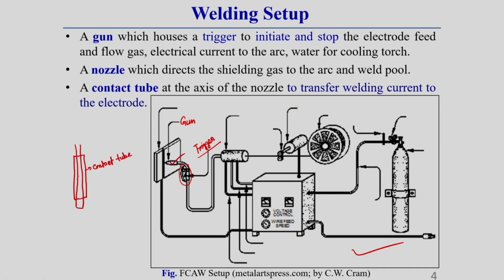This contact tube is directly connected to the power source cable, and this is the consumable electrode. Outside this there is a nozzle. This nozzle is sometimes required and sometimes not required.